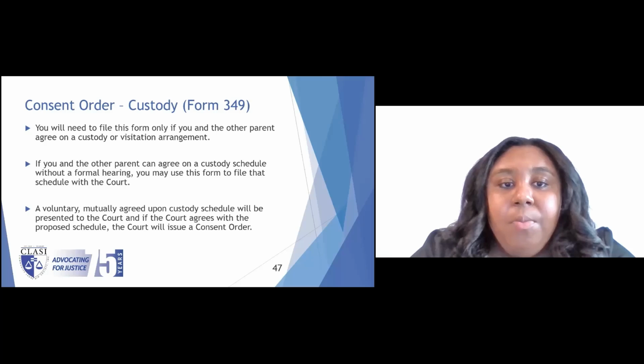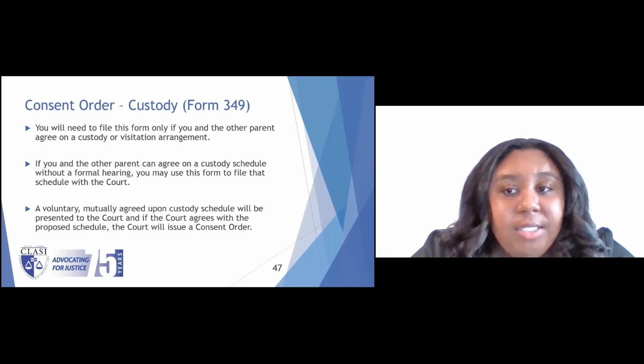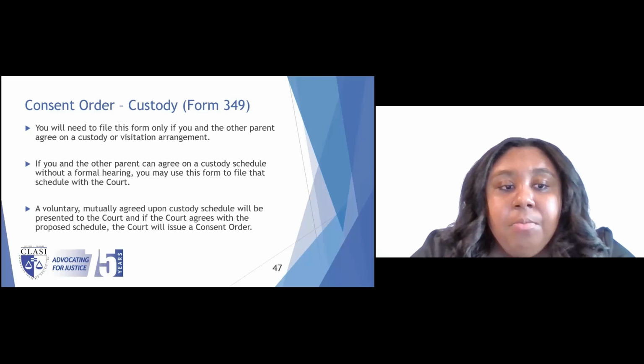If you and the other parent can agree on a custody schedule without a formal hearing, you may use this form to file that schedule with the court. A voluntary, mutually agreed upon custody schedule will be presented to the court, and if the court agrees with the proposed schedule, the court will issue a consent order.